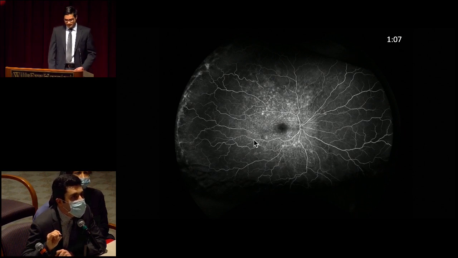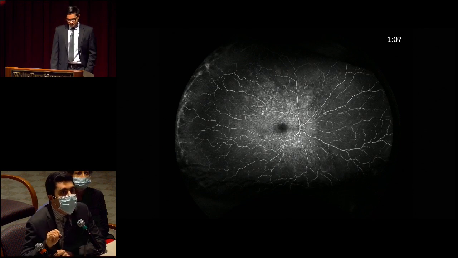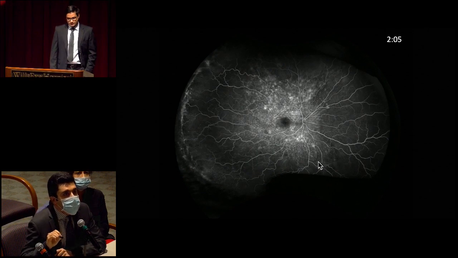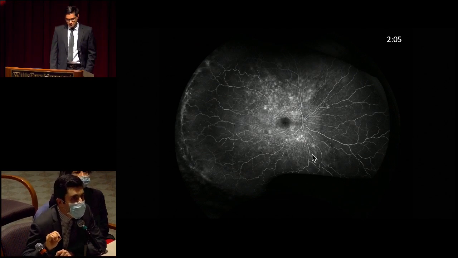Maybe they're expanding somewhat compared to before. Again, don't really see much in terms of macular edema or hyperfluorescence, and the disc still looks quiet. Thank you. So moving along, there is some expansion of these hyperfluorescent foci, suggesting that there may be some leakage at the level of the choroid.